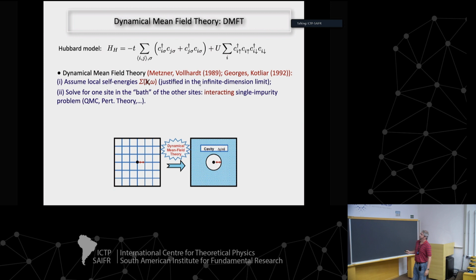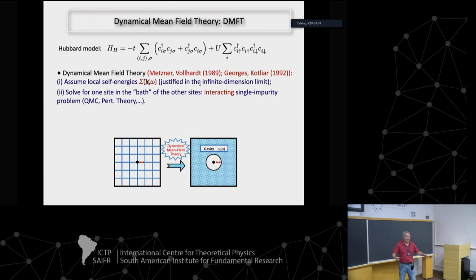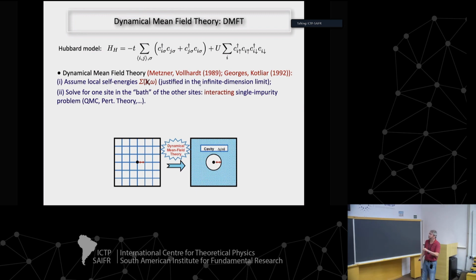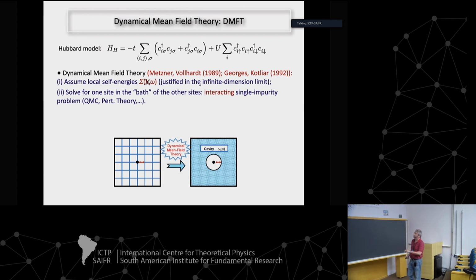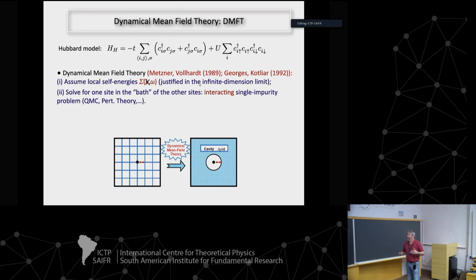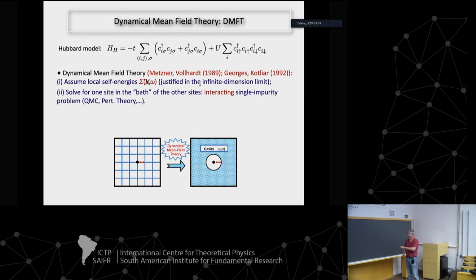The spirit of the approximation is you solve an impurity problem in the bath of the other electrons. So you focus your attention on one of the sites of the system. Electrons can go in and out of that site. The site is correlated. So you solve that impurity problem, and then you impose self-consistency, assuming that that site is no different from the other sites, and you have the theory.